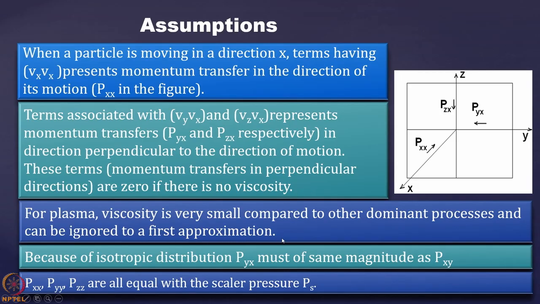So to a first approximation, we can consider that pxy will be the same as pyx, and all these cross terms we will put as 0, and we will assume that pxx, pyy and pzz will be equal to the scalar pressure Ps. We will model it in a bit more detail later on.